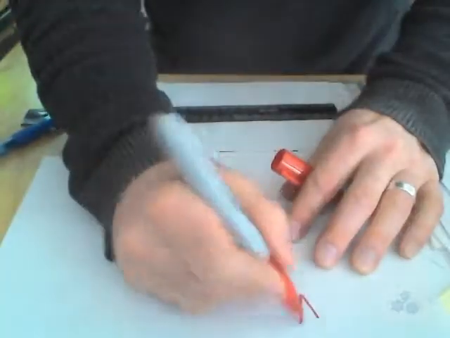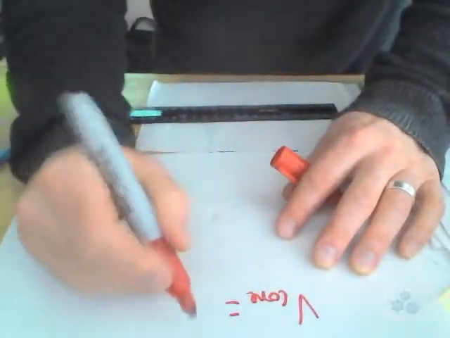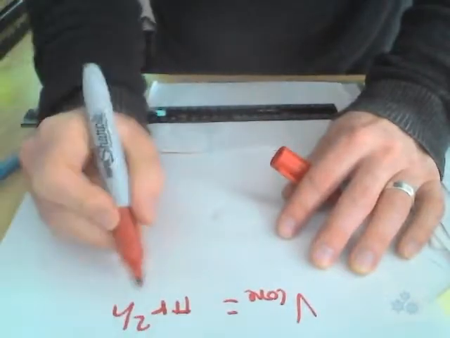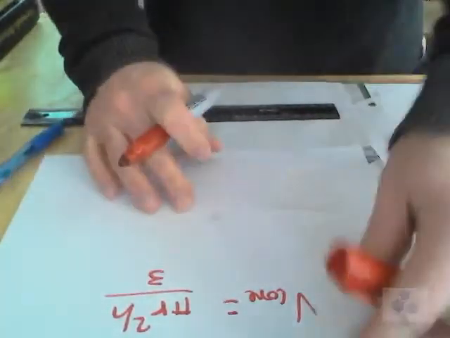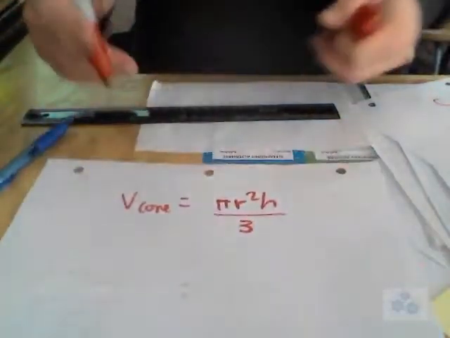This is not quite exact, but it's reasonable to understand that the volume of a cone is pi r squared h divided by 3. It's the same sort of thing as a pyramid.